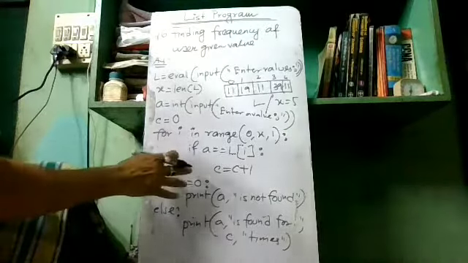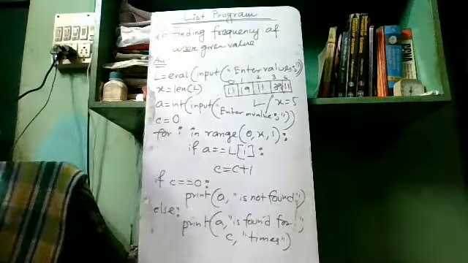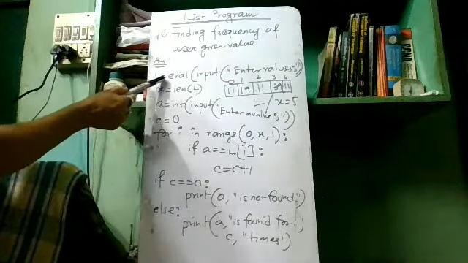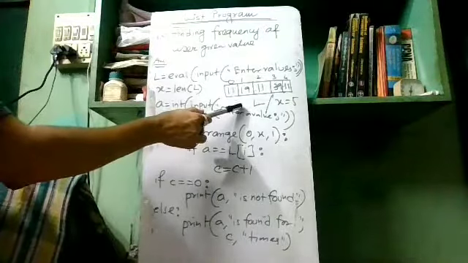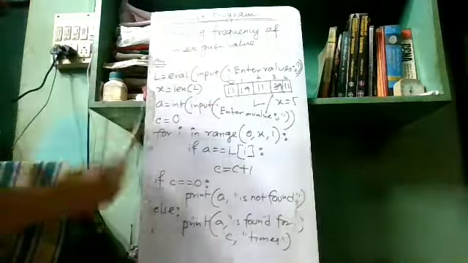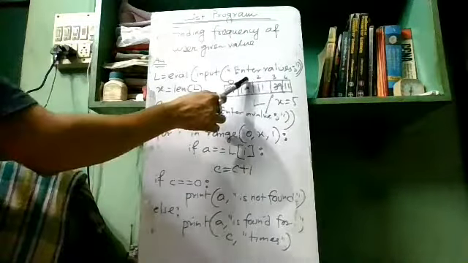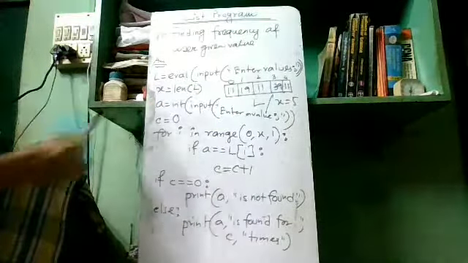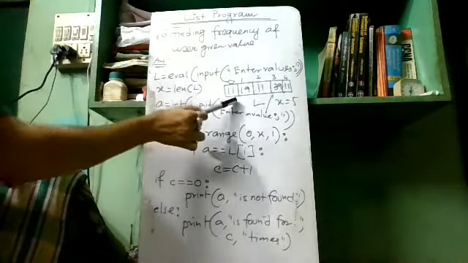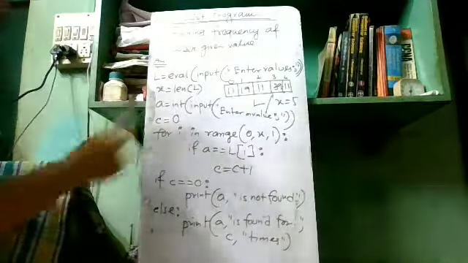Now I am describing the program. First, I have taken a list from user. Suppose user has given this list 11, 19, 11, 39, 11. How many values are there? 5. Index 0, 1, 2, 3, 4. X will contain 5. This is the length of the list.